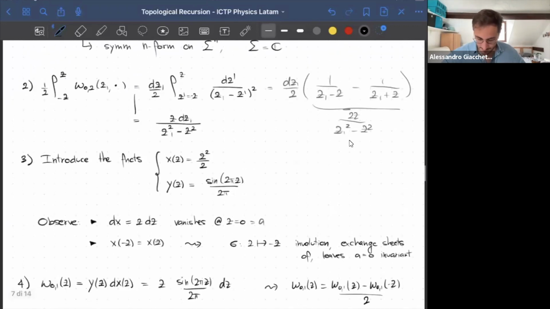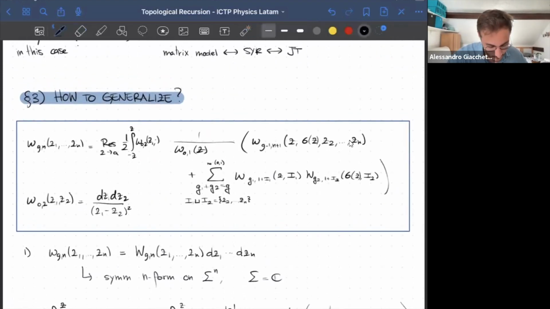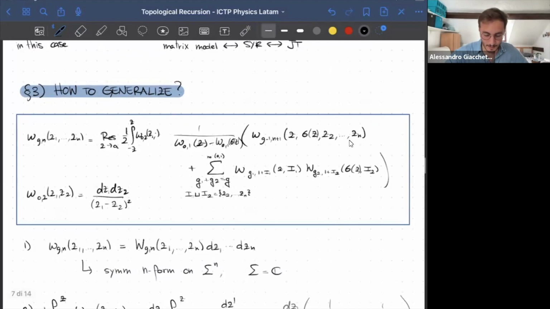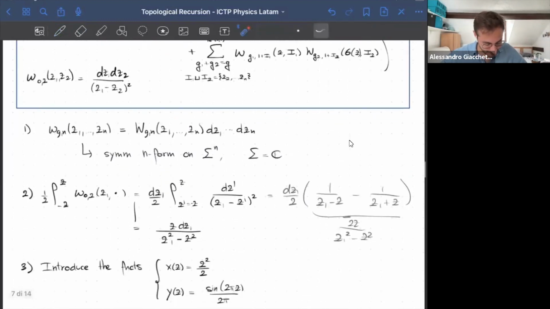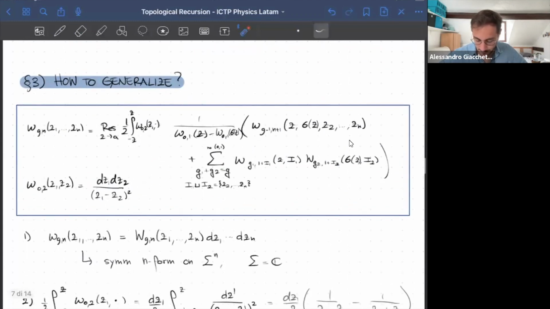So this term here, I can now substitute it here. As I said, the 2 was actually right. So the correct thing here now is this one.